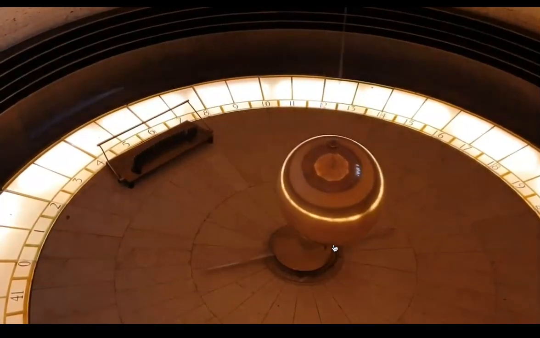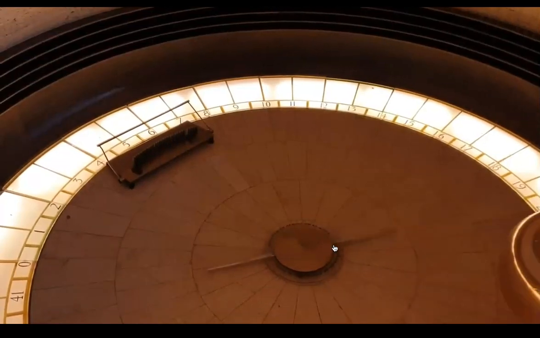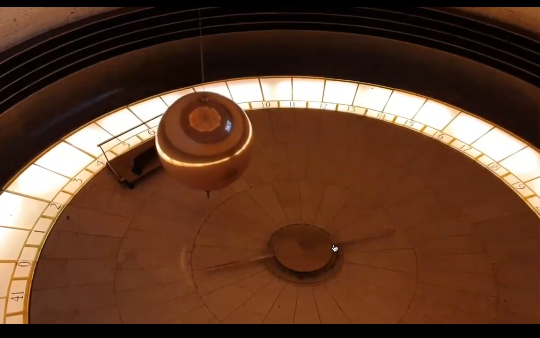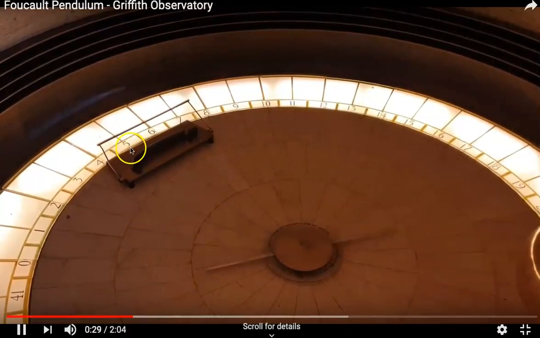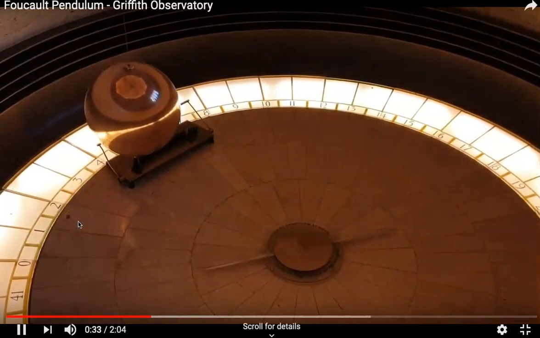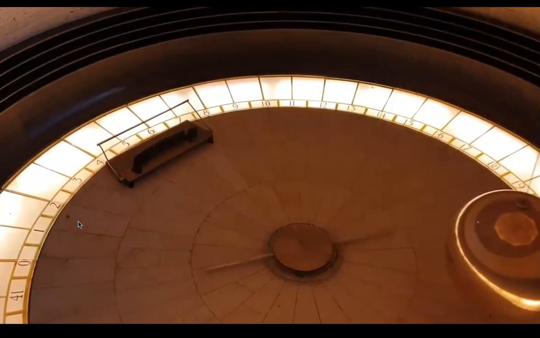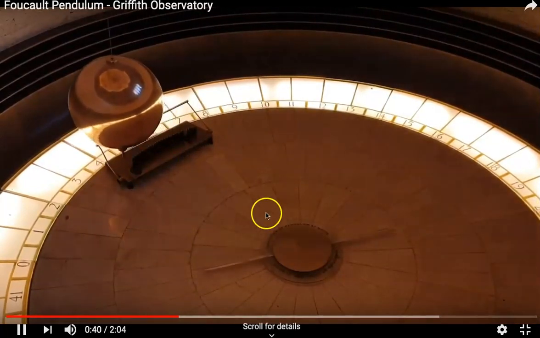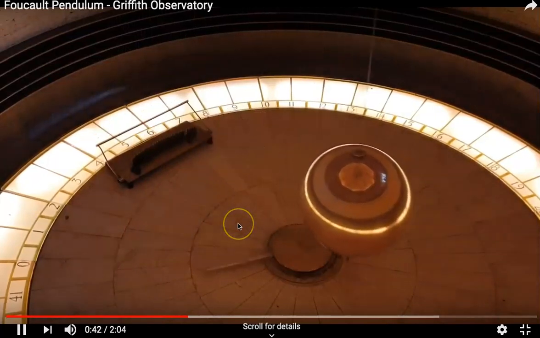But what's happening, you can't really see them in this one here. There's these little pegs. Now maybe these are the pegs here, but in the original one there were pegs all the way around it. As the Earth rotates, the pendulum keeps moving in the same plane. All right, because, well, physics.